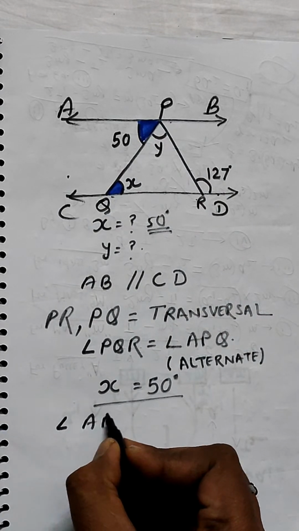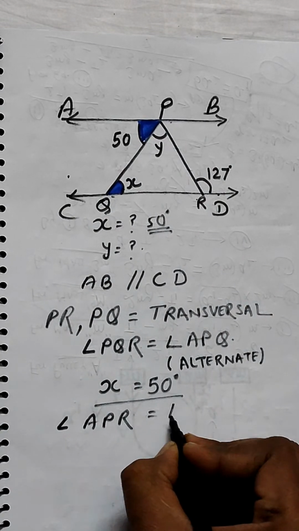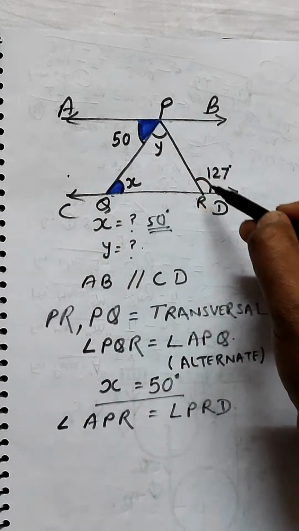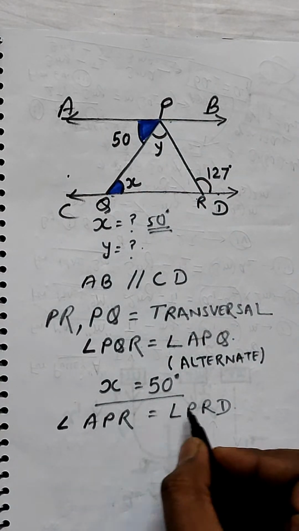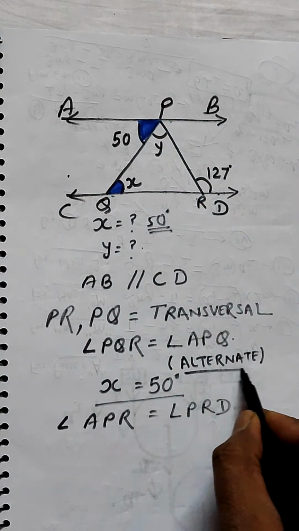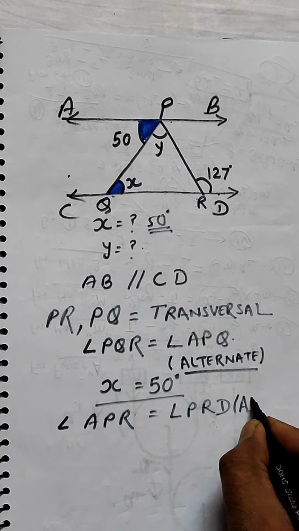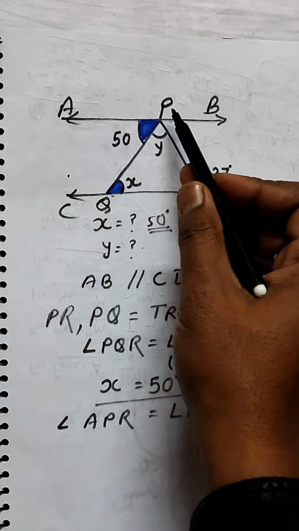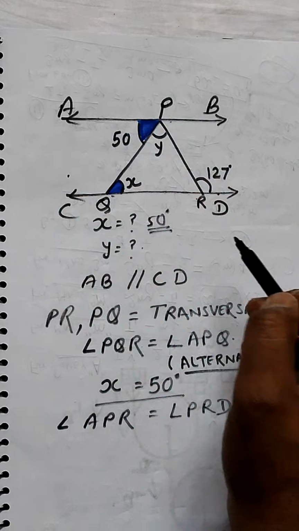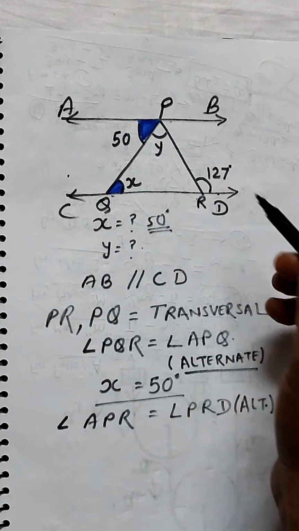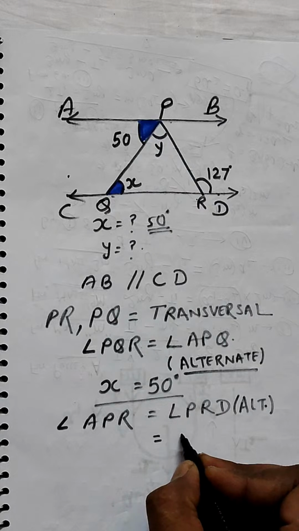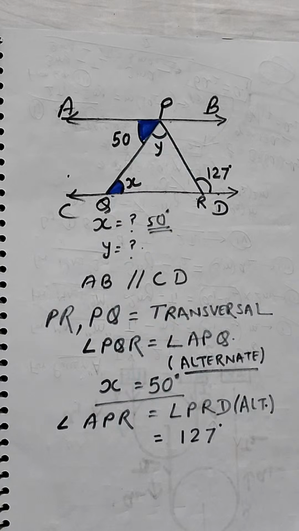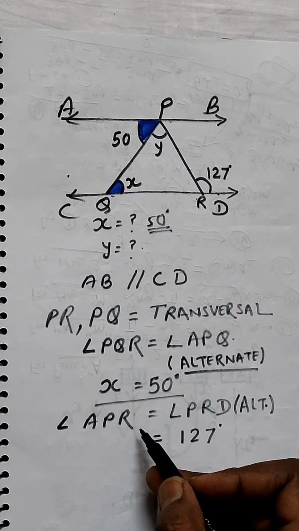Why are these angles equal? These are alternate angles. So if angle APR is equal to angle PRD, what is the value of angle PRD? It's 127 degree, right?